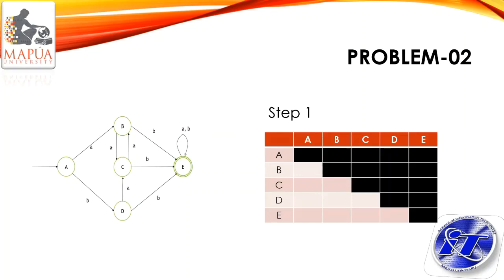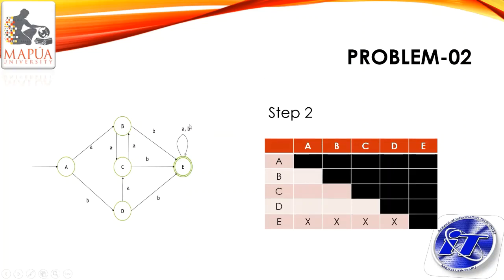Step 2, we're going to determine which pair will be marked, based on one being a final and one being a non-final state. So which cells have that scenario.